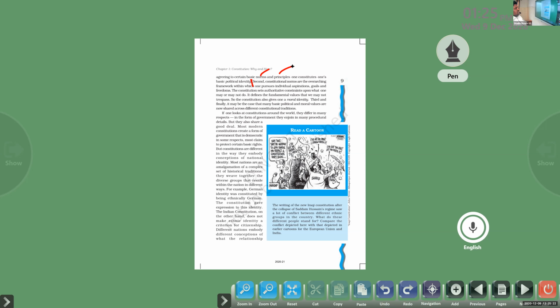So the constitution says what to do and what not to do. Clear or not? Some rights are there, we are able to do that. At the same time, some things we cannot do also. Okay. So we are able to drive the vehicle on the road, but the constitution does not guarantee or permit rash driving. Rash driving in the sense we are creating problems for the other drivers on the road.